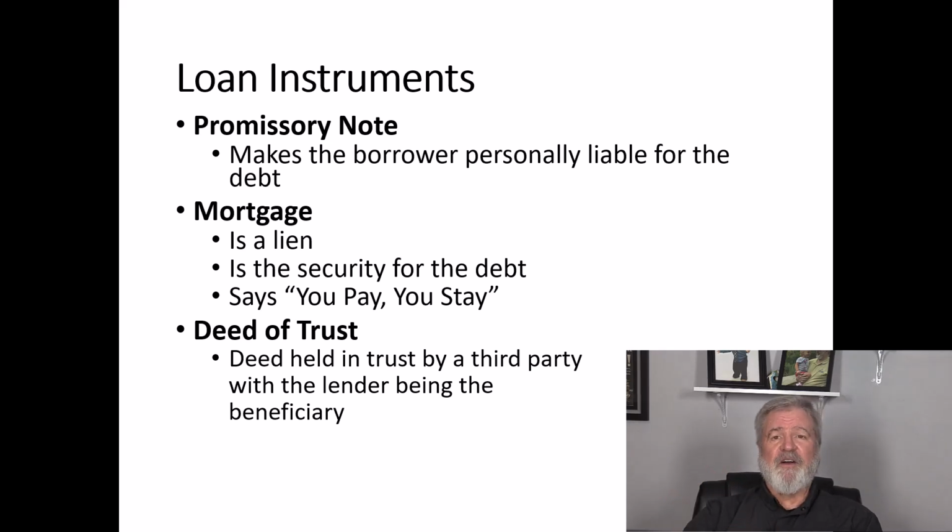I hope by now you're saying the borrower. But if you're thinking the mortgage is the loan, then you're going to be wrong. Because I hear people say, well, no, it's the lender that's giving the loan to the borrower. Okay, well, we're not talking about the loan. Remember, the loan is what? The promissory note.